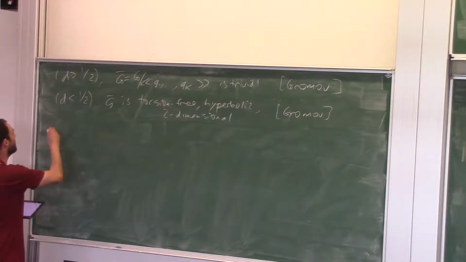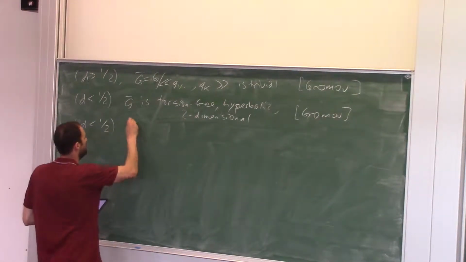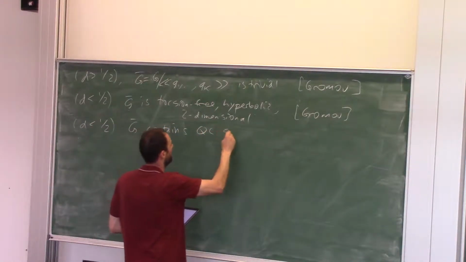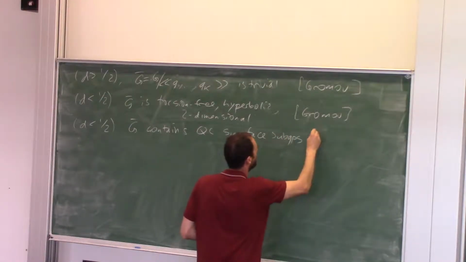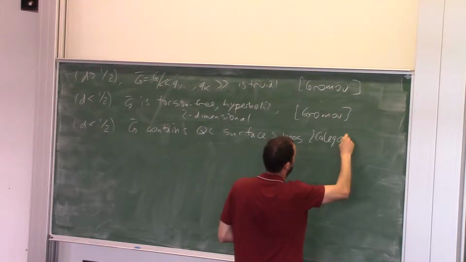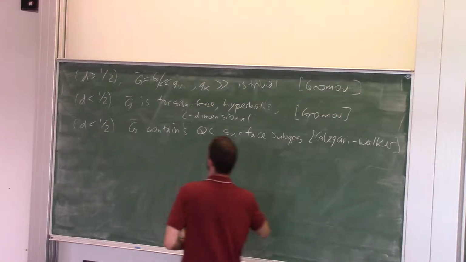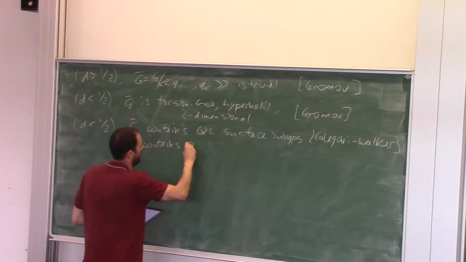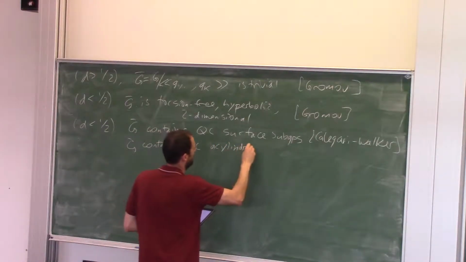So, let's see, if density is less than a half, then G bar contains quasi-convex surface subgroups. This is cylindrical in a three-manifold sense.